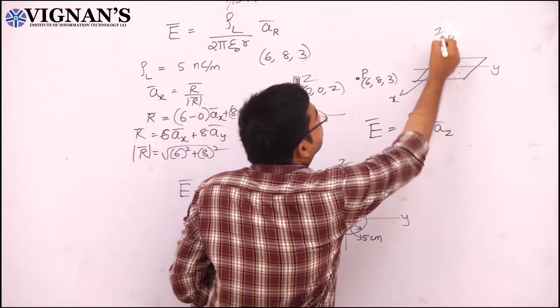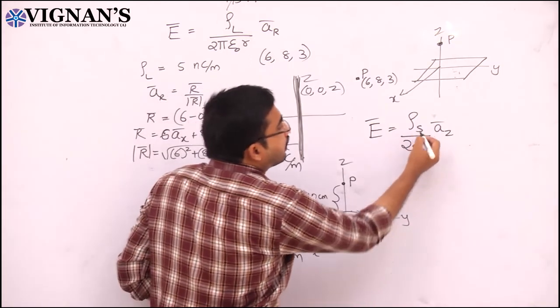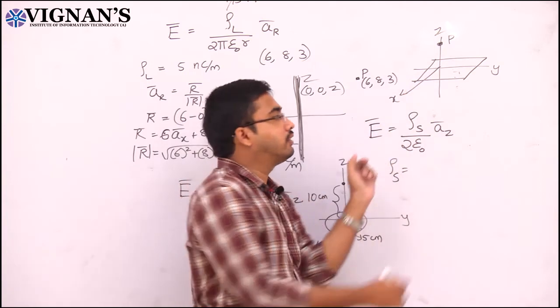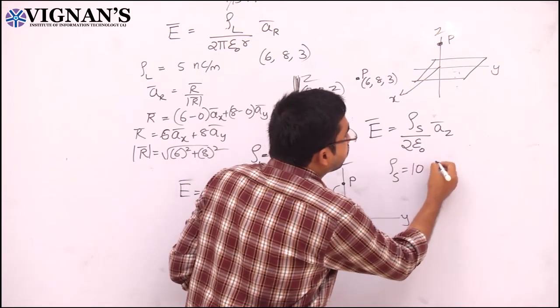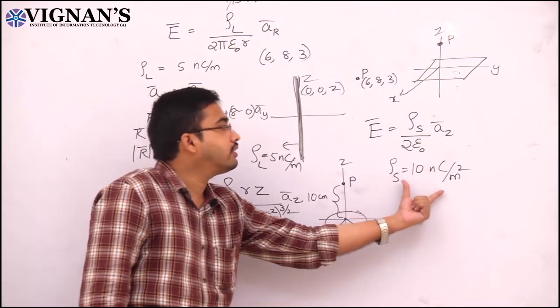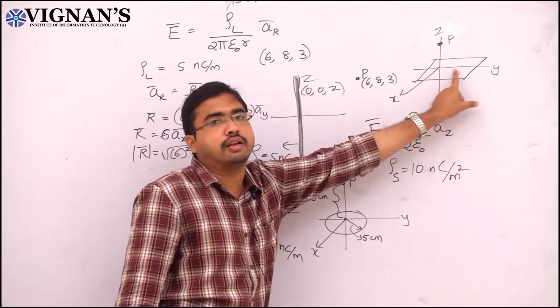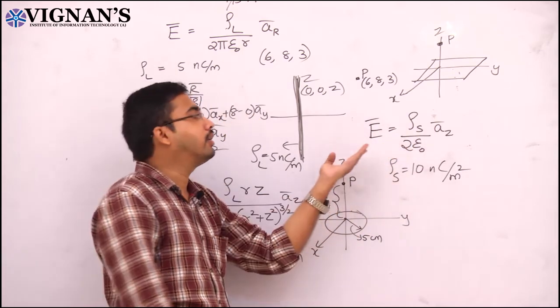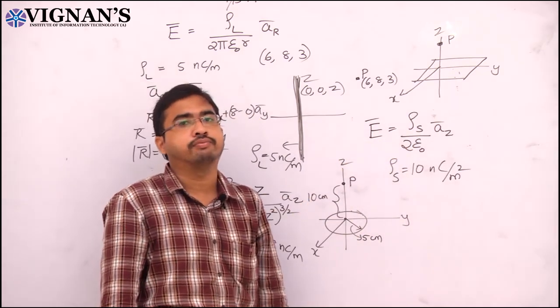Now they will give you the surface charge density of this sheet of charge, let it be some 10 nanocoulombs per meter square. If they give you the surface charge density of this sheet charge, you can directly substitute it in this formula and find the electric field intensity.